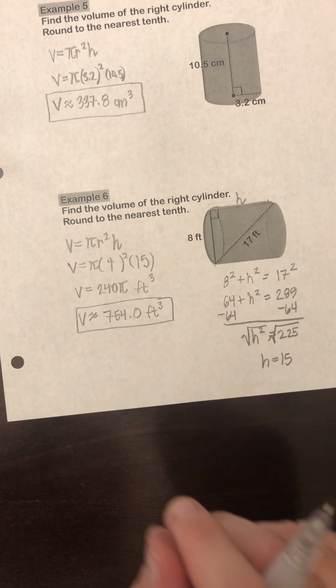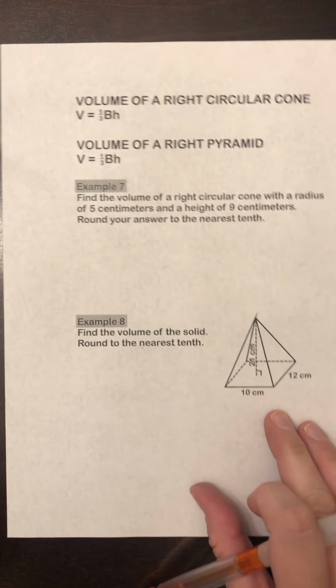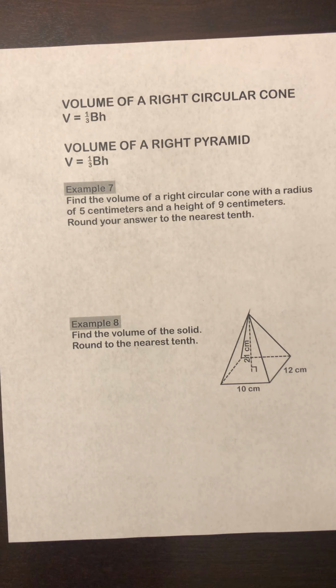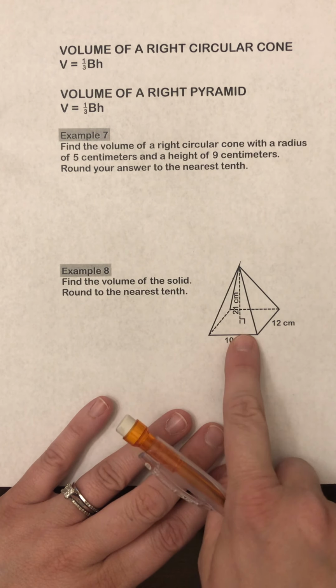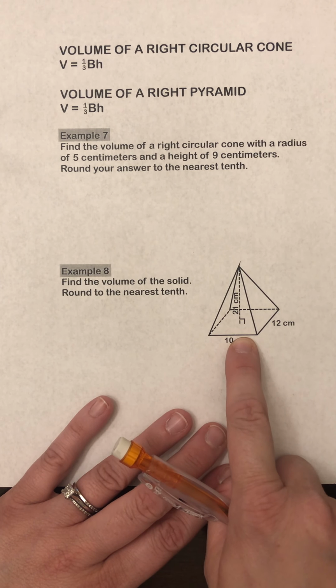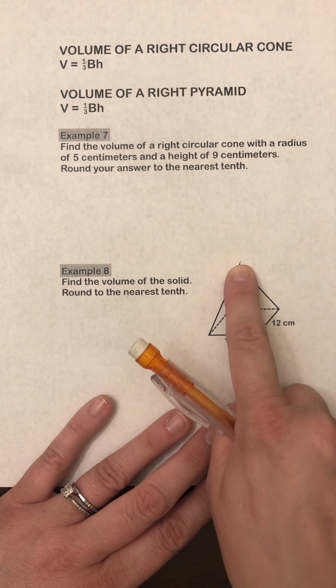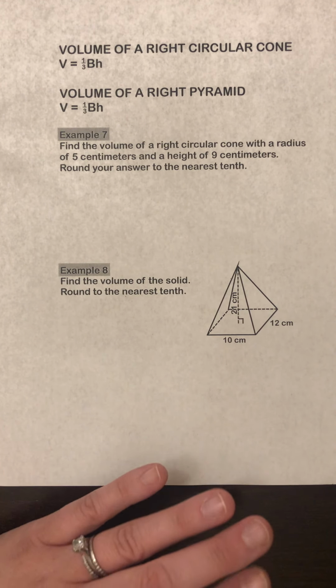Okay, so now let's talk about cones and pyramids. There is only one difference to the formula. You now have a 1/3 in front of it. So this goes for cones and pyramids. Let me tell you why. If you had this right here and your base was still this, but instead of a pyramid you had a prism, so you had a box.